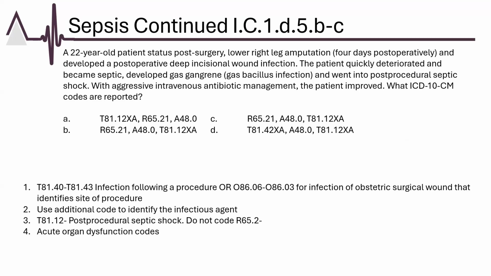Guideline I.C.1.d.5.b through c shows the coding order for post-procedural infection with post-procedural septic shock. The first code listed should be T81.40 through T81.43, infection following a procedure, or O86.00 through O86.03 for infection of obstetric surgical wound.